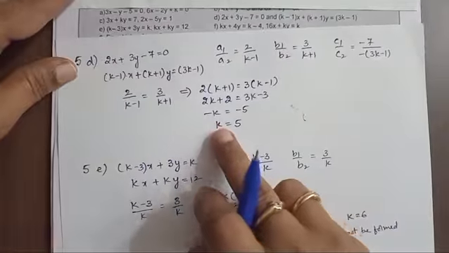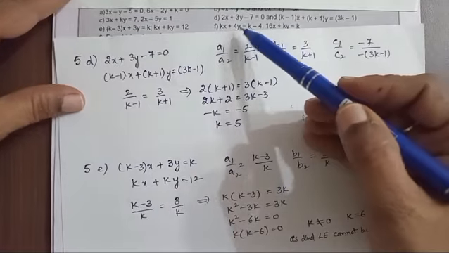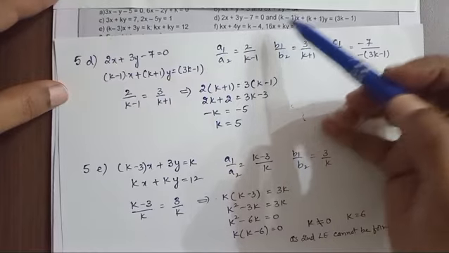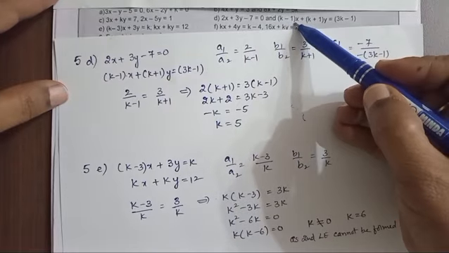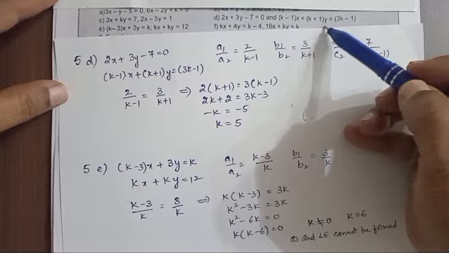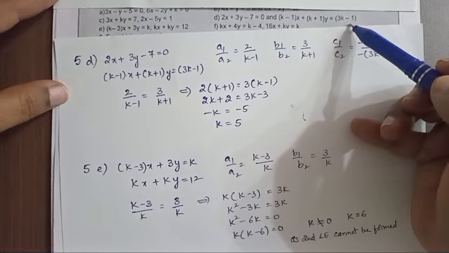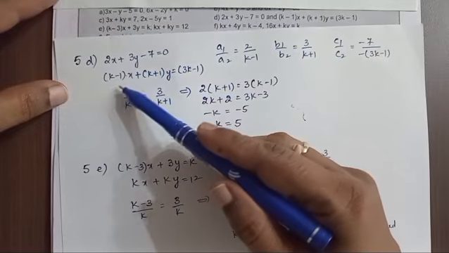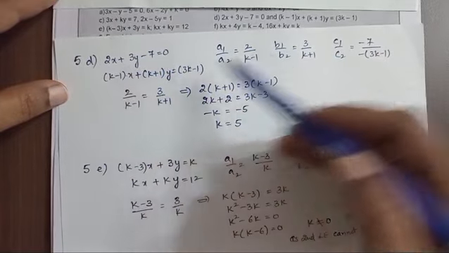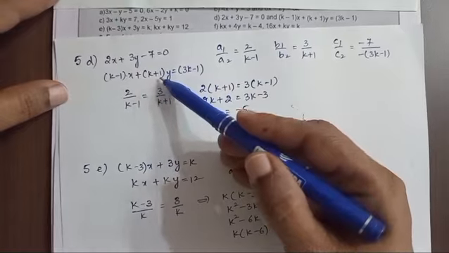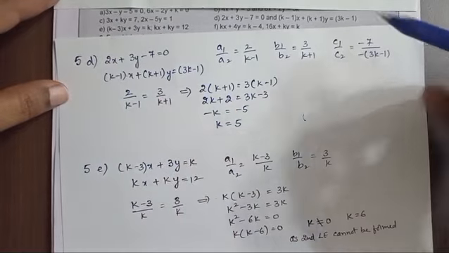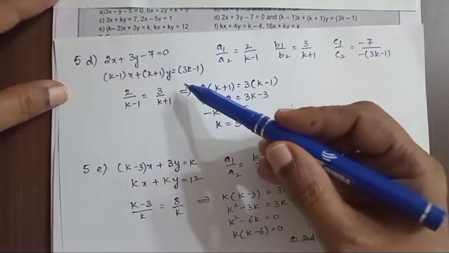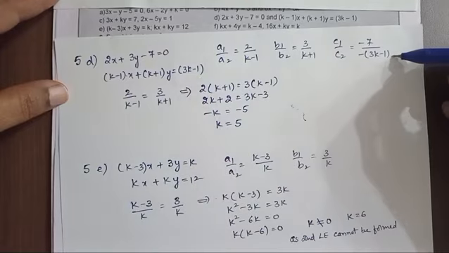Question 5D. The equations are 2x plus 3y minus 7 is equal to 0 and (k minus 1) into x plus (k plus 1) into y is equal to 3k minus 1. The ratios a1 by a2 is 2 by k minus 1, b1 by b2 is 3 by k plus 1, c1 by c2 is minus 7 by minus 3k minus 1.